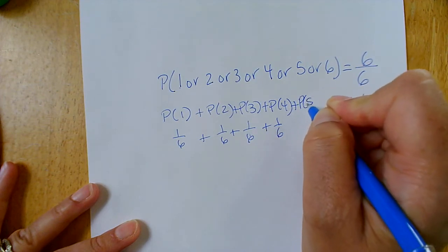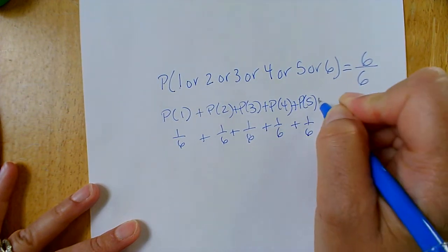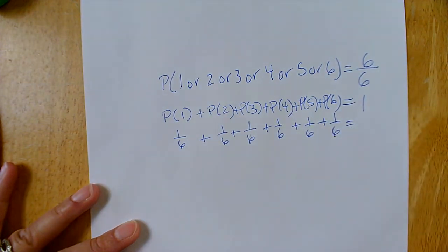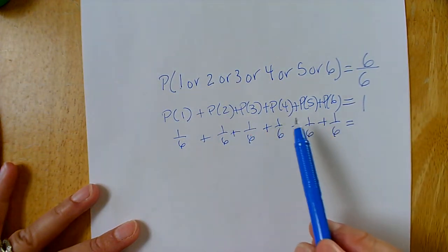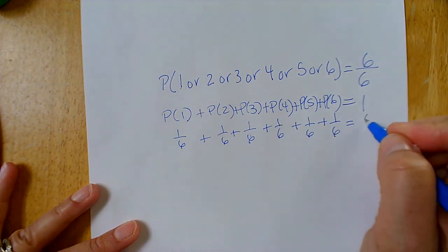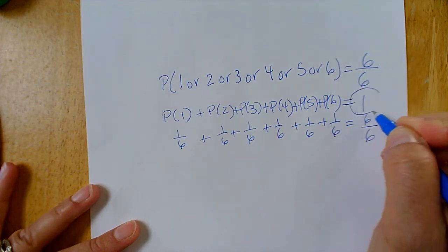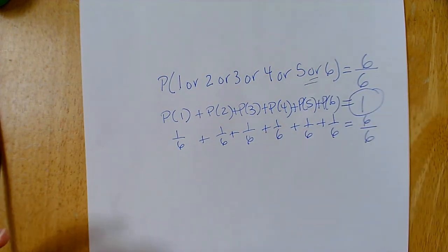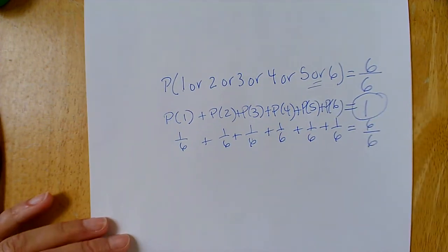Probability of a 5, 1 out of 6. And the probability of a 6, 1 out of 6. What do those add up to? 6 out of 6, which gives us a probability of 1. So if somebody says, I have a 6-sided die, and if a 1, 2, 3, 4, 5, or 6 comes up, you win, take that bet.